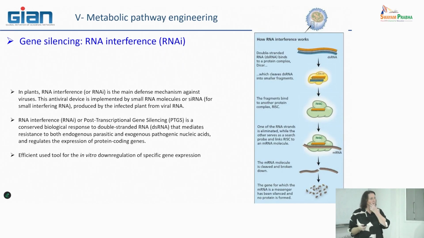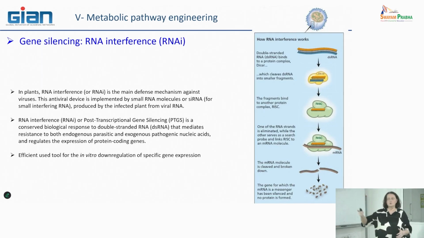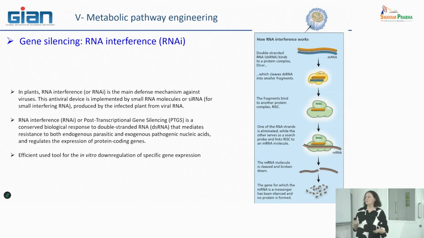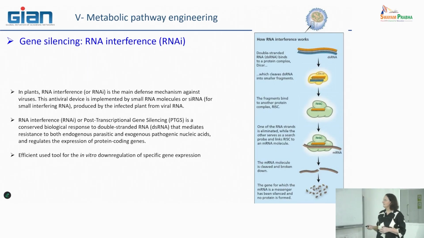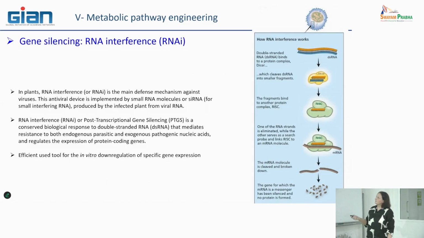The idea was how we can manage that to specifically target a gene we want to silence in order to study, for example, the functional activity of the genes in a particular system, such as a metabolic pathway. So what can we do? It's quite easy now to understand, but at the moment they proposed it, it was really interesting: we can create artificial double-strand RNA corresponding to the sequence of the gene we want to silence.